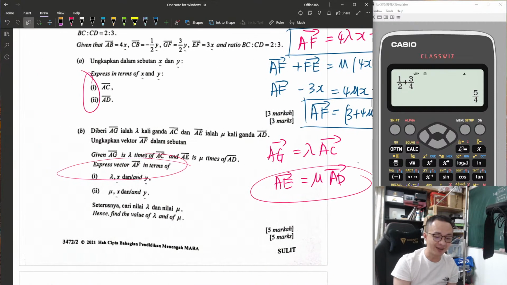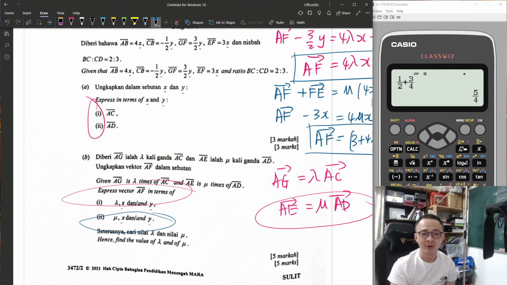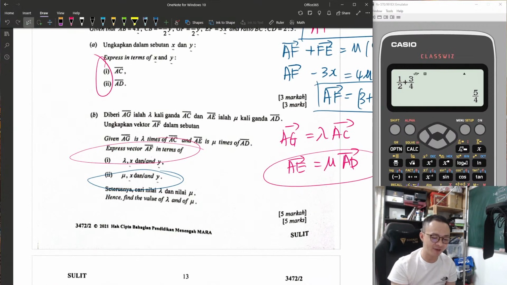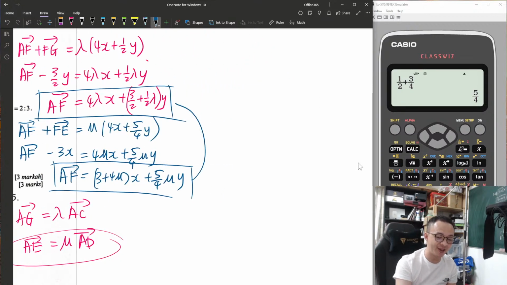Okay, the first part they tell us in lambda, x and y. The second in mu, x and y. So we literally do both of that. Then find lambda and mu. I just sub into each other, sub AF into the AF and compare them.